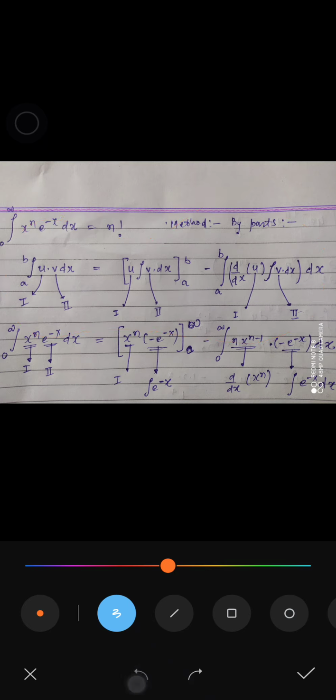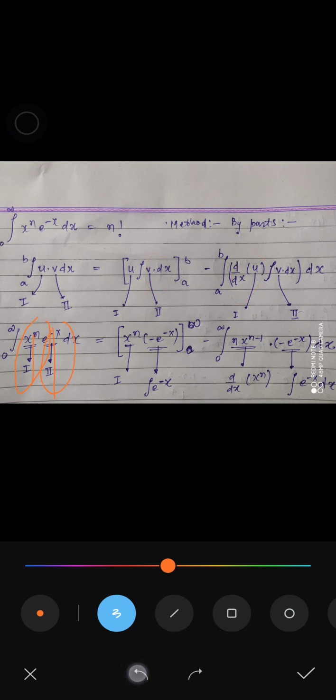Okay, so continuing with this formula, which is known to us, we get to the integration over here. In this Euler's factorial integral we have two functions, x raised to the power n and e raised to the power minus x. We take e raised to the power minus x as the second function and x raised to the power n as the first function, because the first function is going to be differentiated and the second function integrated.